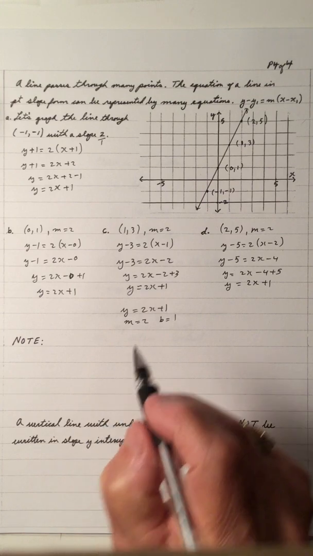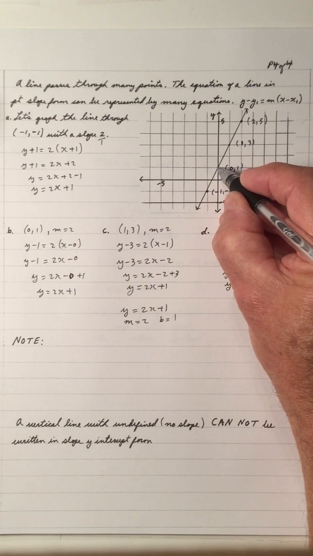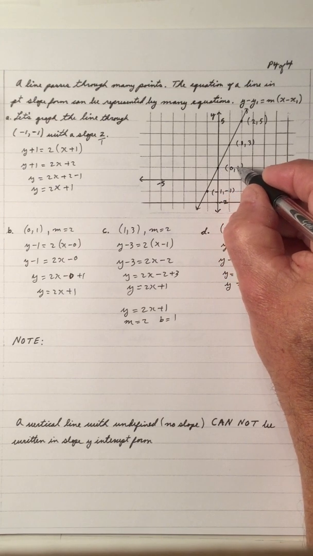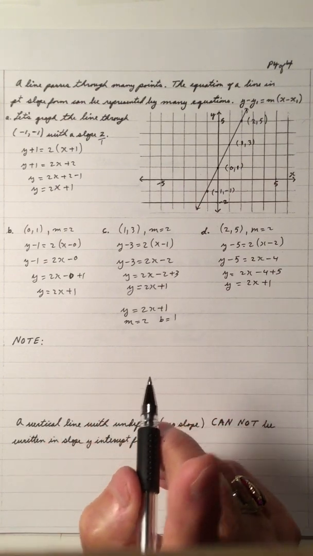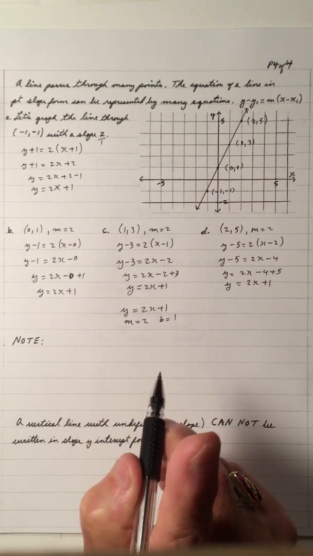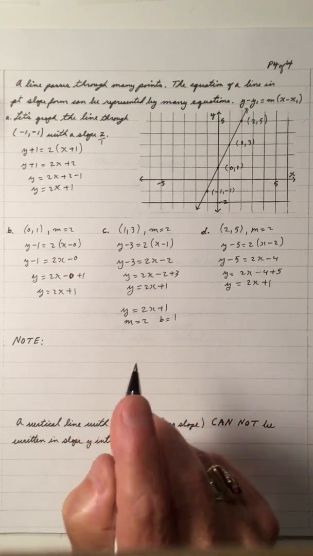In other words, this line only cuts the y-axis at one place, which is at 1. So it has one slope y-intercept equation, but many point slope forms because there's many points on a line.